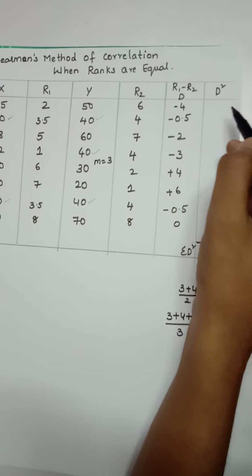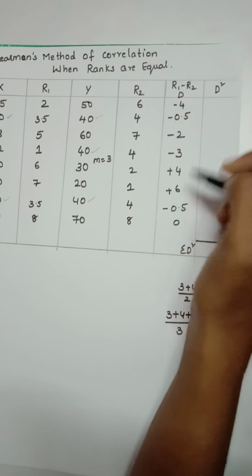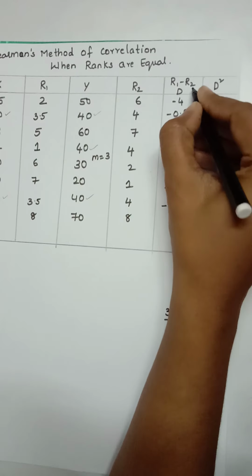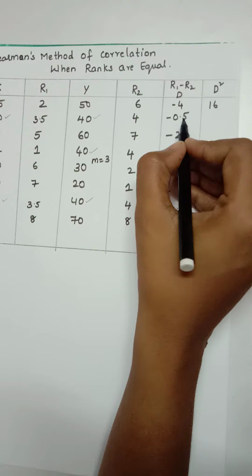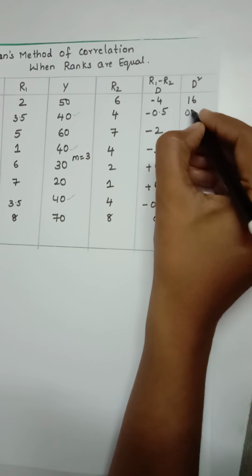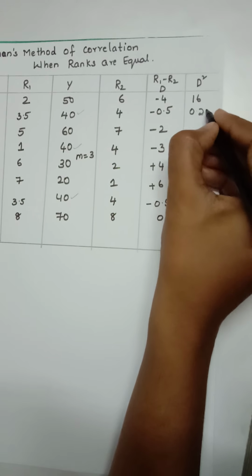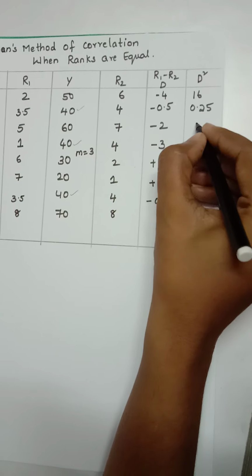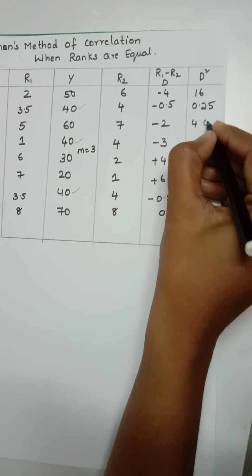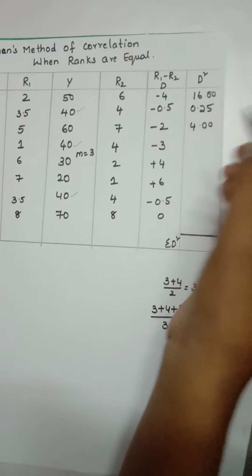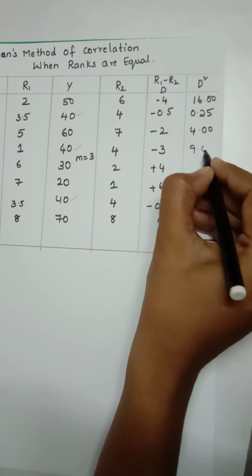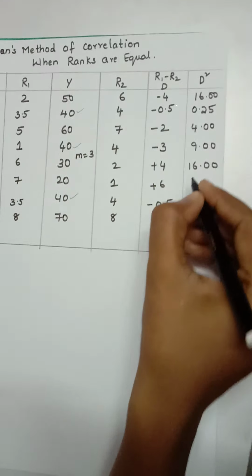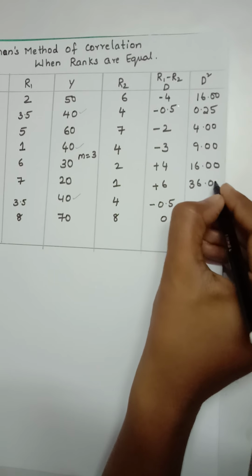Coming to the next step, we have to square the values we got. So the first one will be 16, 4 squared. Next 0.5 squared is 0.25. Next 2 squared is 4. 3 squared is 9. 4 squared is 16. 6 squared is 36.